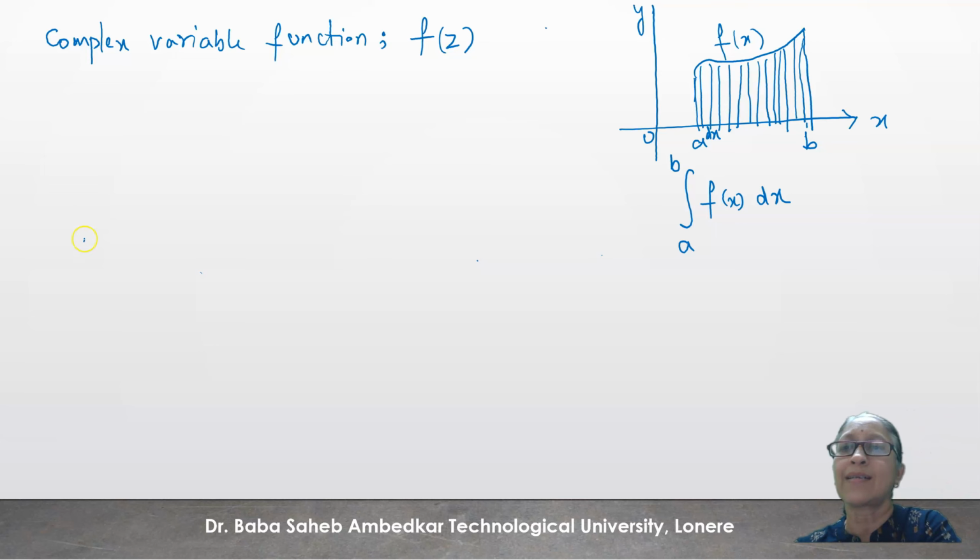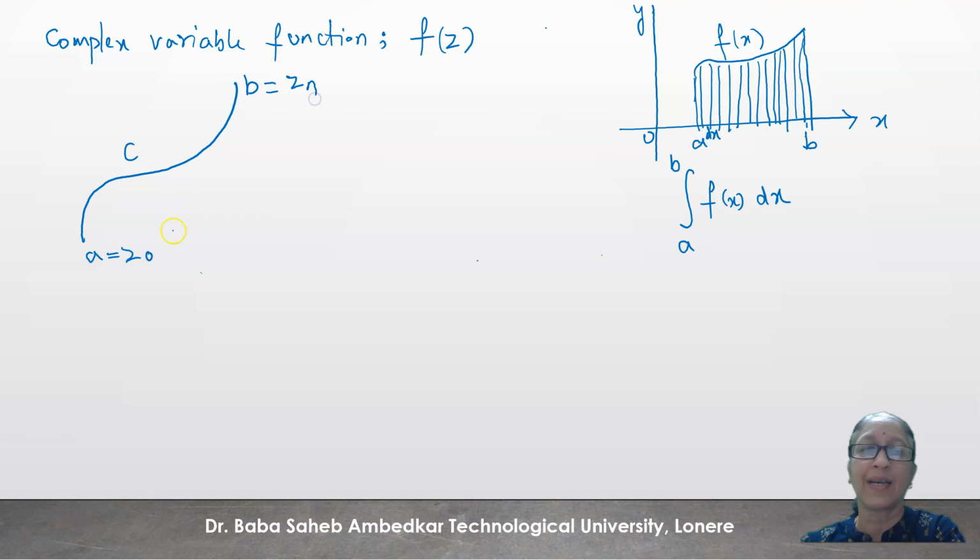Then let us see, if there is any curve C, here this point is A, this point is B, say A equals Z0, B equals Zn, and Z1, Z2, Z3, so on, Zr, Zr+1, so on, Zn. All these are points on this curve AB.